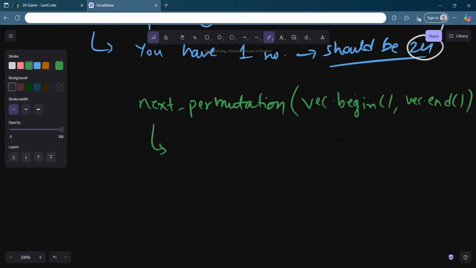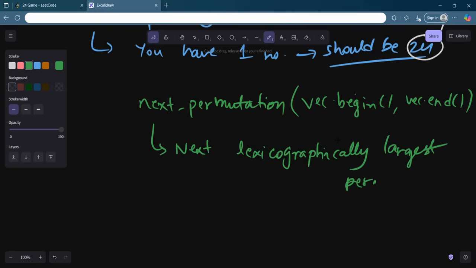What it basically outputs is the next lexicographically largest permutation, and it arranges the vector in place. It takes the vector iterators begin and end, and it arranges the vector itself into the next lexicographically largest permutation.